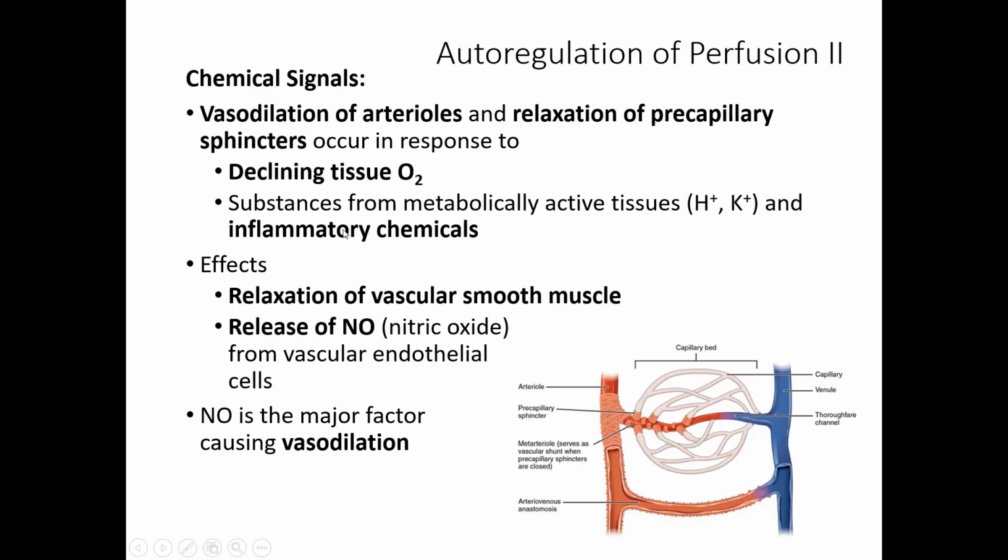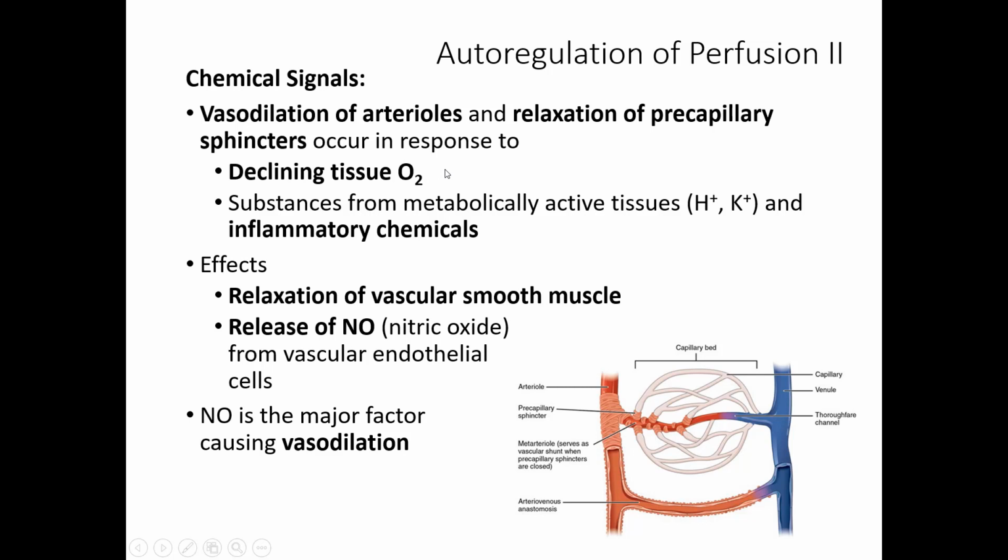Okay, metabolic regulation. Chemical signals. Vasodilation, or increasing in diameter of arterioles, and relaxation of precapillary sphincters, so blood could go to capillaries, happens in response to either declining tissue oxygen level.